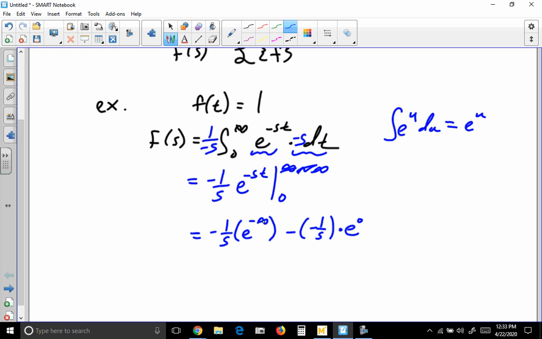E to the negative infinity, as that goes to infinity, this gets smaller and smaller and smaller, so that goes to 0. Minus a negative makes a positive. E to the 0 is 1, so we end up with just 1 over s. So that's the transformation of the constant 1 into the domain of s.